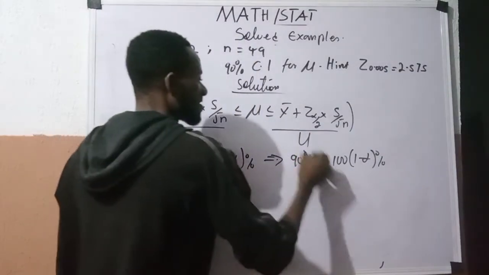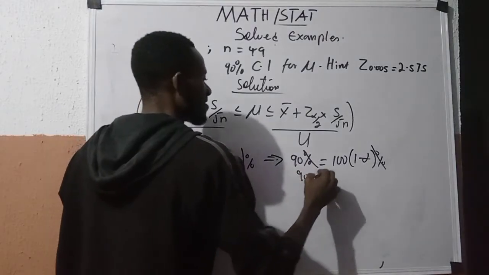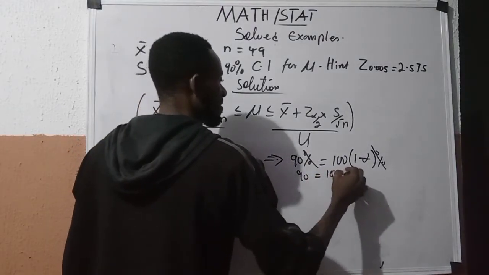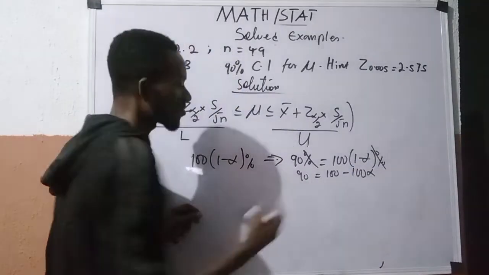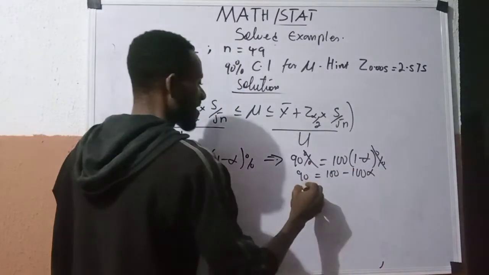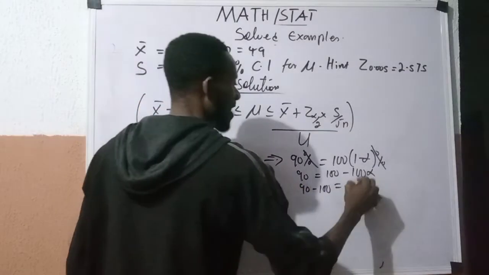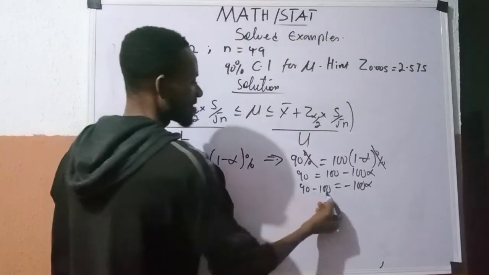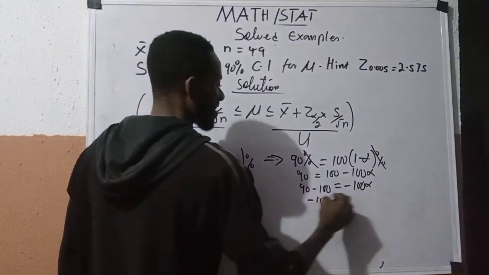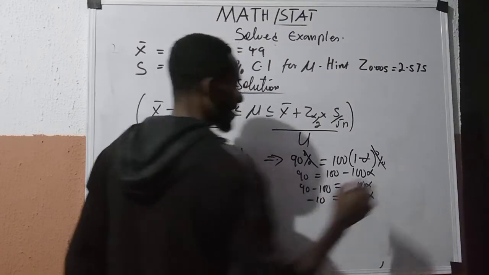So that this percent and this percent can go. And this will now give you that 90 is equal to 100 minus 100 alpha. So that when this 100 comes over here, you have 90 minus 100 is equal to minus 100 alpha. So 90 minus 100 will give you minus 10 is equal to minus 100 alpha.